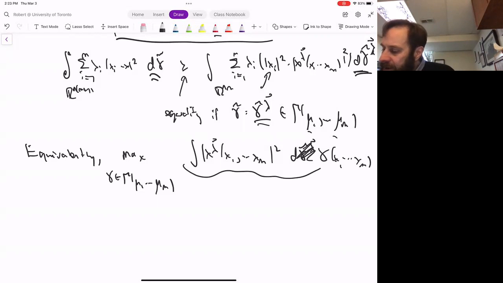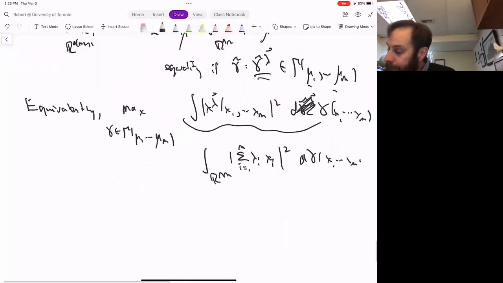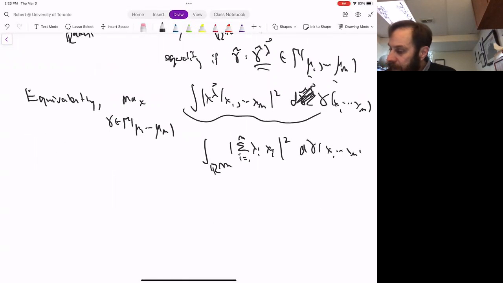But this integrand here is an integral over R^{nm}, and the x lambda is something rather explicit. It's the sum, i counting from 1 to m, of lambda_i xi. And so that's the sum over i and j counting from 1 to m of lambda_i lambda_j xi dot xj.